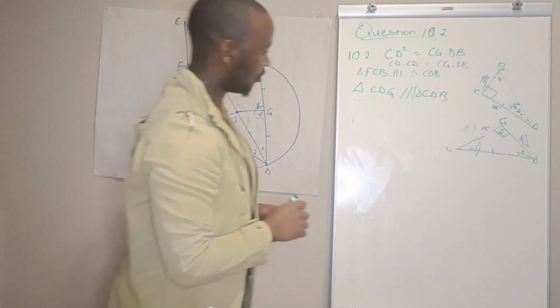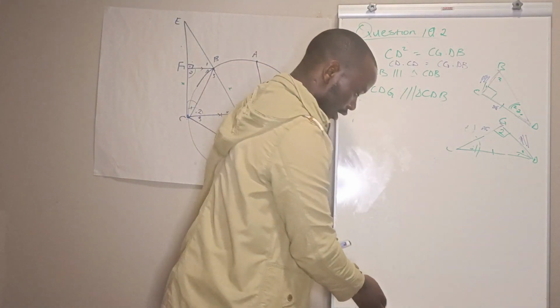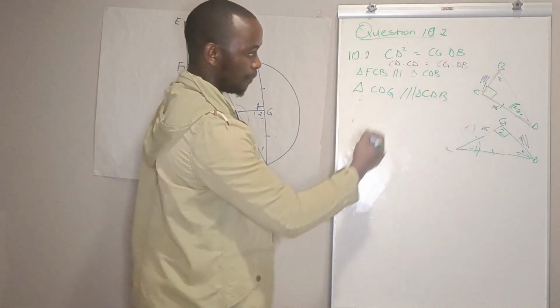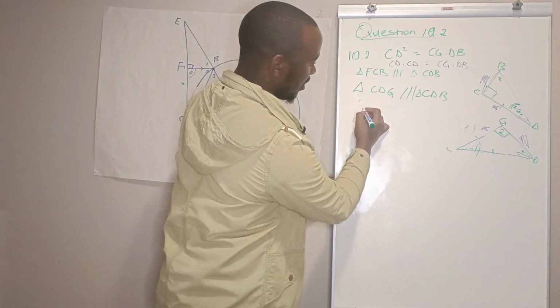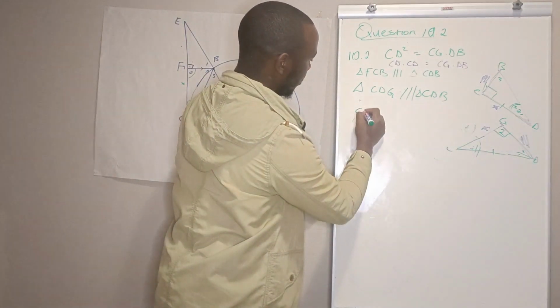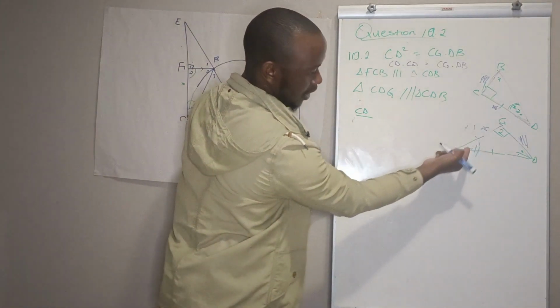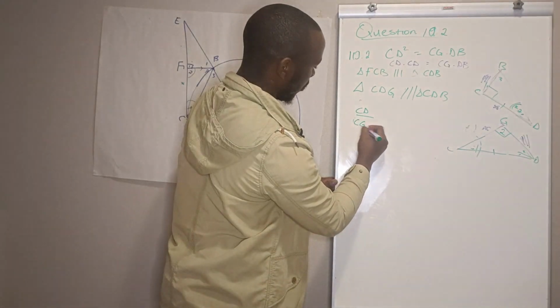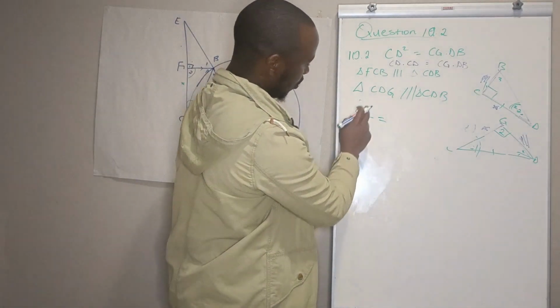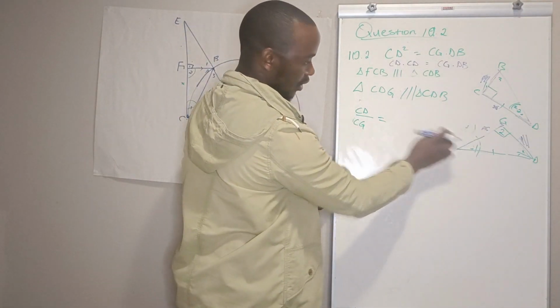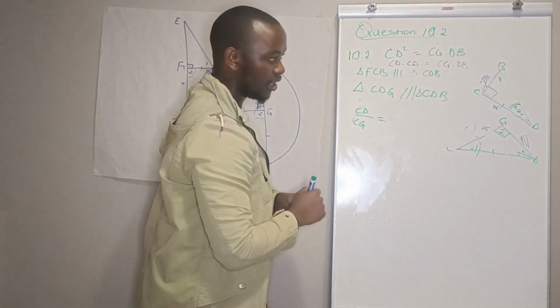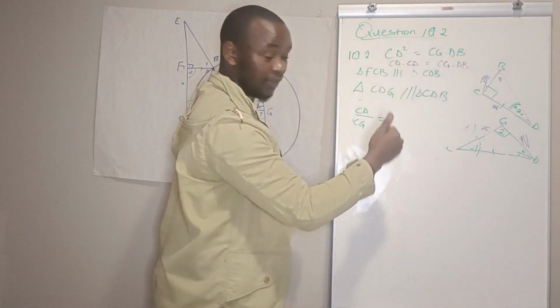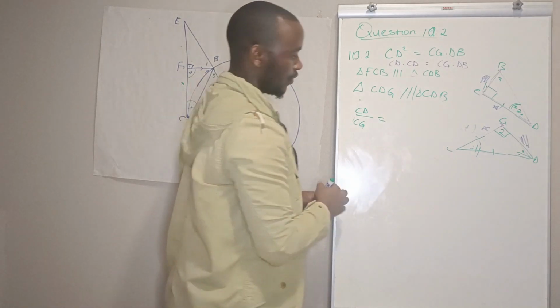Okay, let's go. This is how we do our proportionality theorem. So CD of this triangle over CG, the side proportional to it. If you take this side and divide by this one, the value you get should be equal to the other sides divided by the corresponding ones on the different triangle.